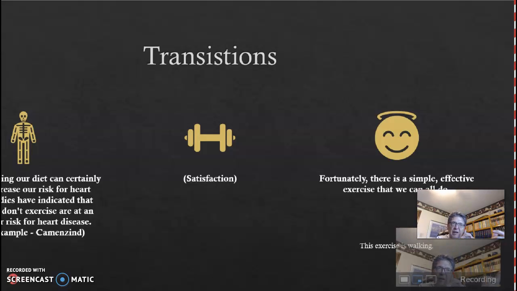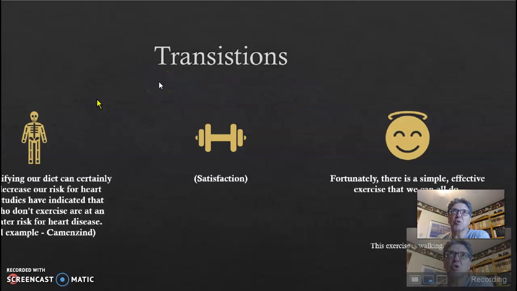So again, I think that's a good transition from one point to the other point, moving from your need stage to the satisfaction stage as we go forward. So again, I want to emphasize the use of good transitions to help your audience move from one point of your presentation to the next point of your presentation.